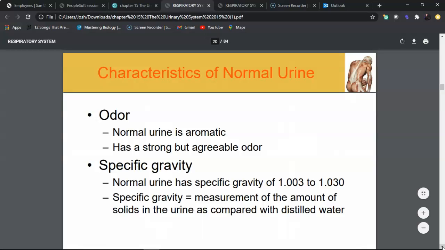Something else to recognize too is odor. Urine can have a little bit of an aromatic smell to it, but it's generally not too disagreeable, okay? It's not a horrible smell. Sometimes when people are starting to notice the onset of an infection, which can indicate bacteria and pus, the odor will change a little and become a bit more malodorous.